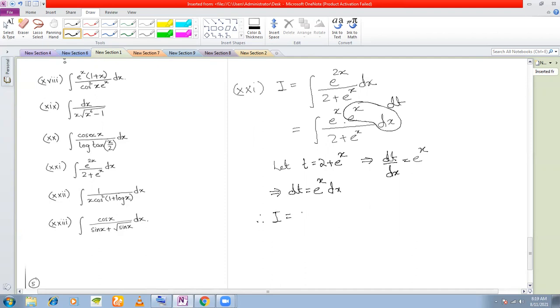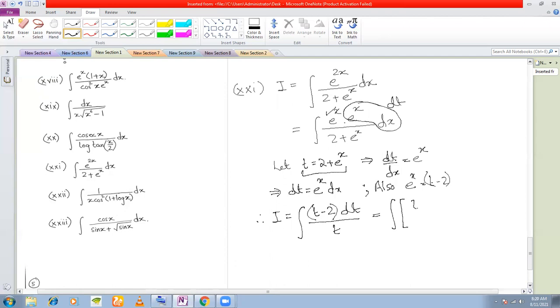Therefore, I is equal to, now also, what about this e to the power of x? You need to convert this also to t, right? From here, what is e to the power of x? t minus 2. So now put all the values. You have first e to the power of x as t minus 2. Next e to the power of x dx will become dt divided by 2 plus e to the power of x, which is t.